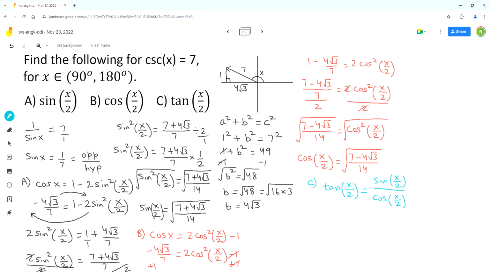We have found the values for sine of x over 2 and cos of x over 2 in parts A and B. Now we can divide this expression. We can write it as a division statement.